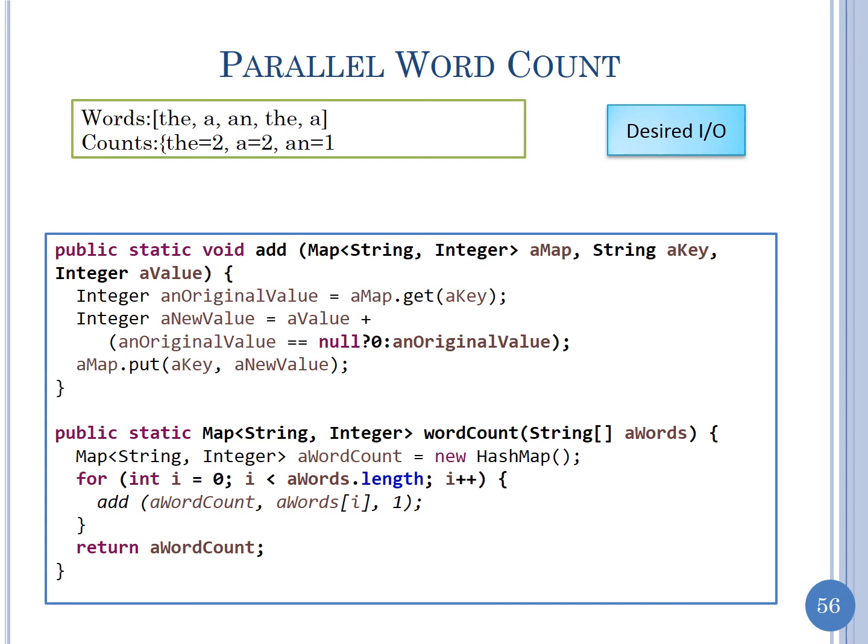For each word, I would call an add function that says: take the current hash map, take this word, take its occurrence as 1, because it's the first time I've done this, and please update in your map the count for the word. Ken and Andrew are very quick at looking at code and finding bugs. Please let me know if there's a bug there, Ken especially. So, assuming add works the way I said, this probably works.